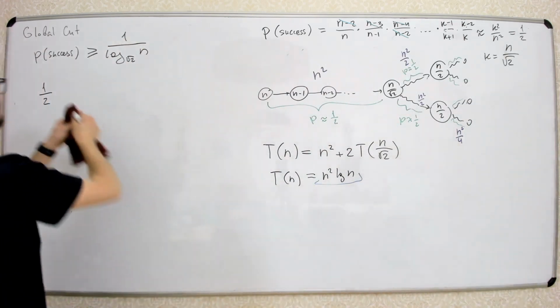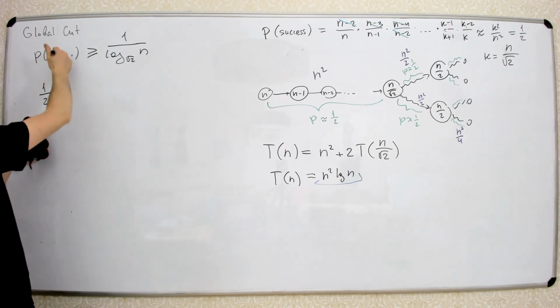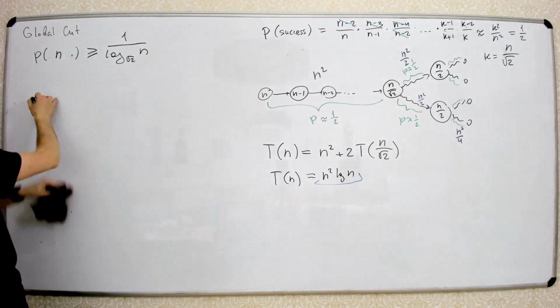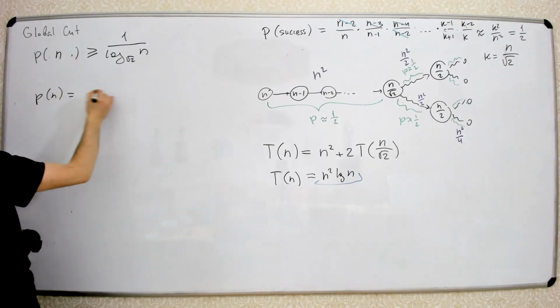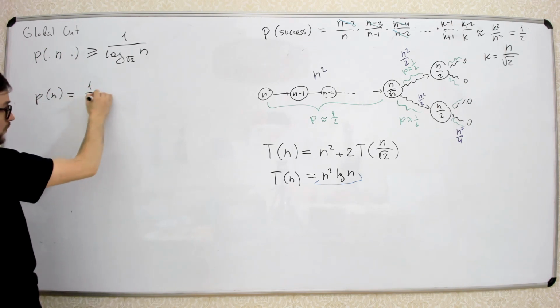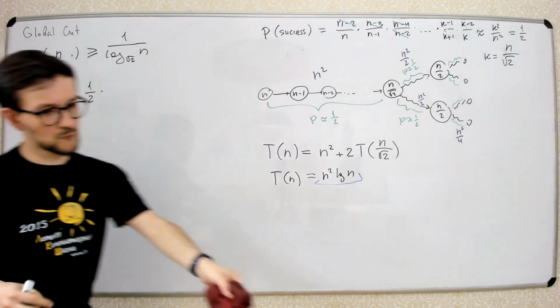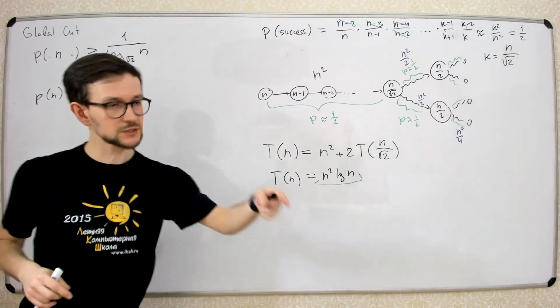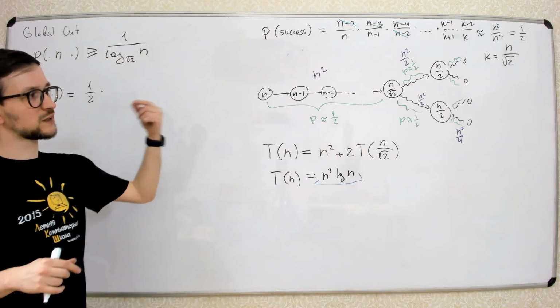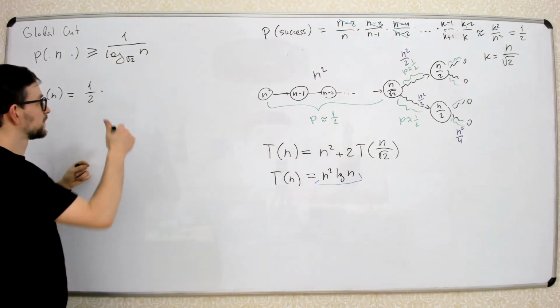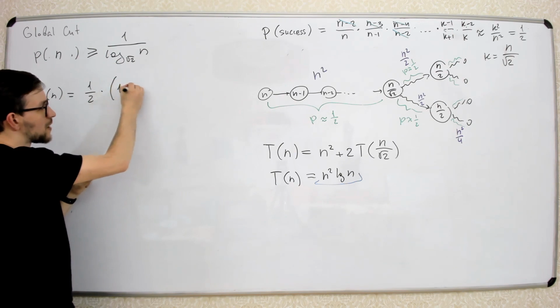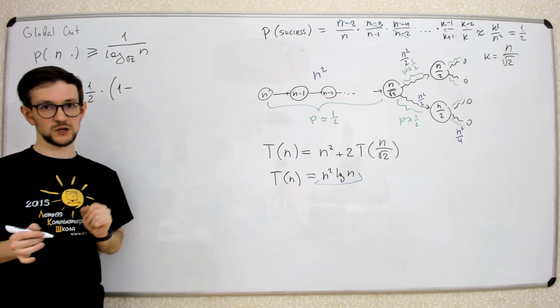Let's say P of n. P of n is 1 over 2 multiplied by the probability of having at least one success. So what's the probability of having at least one success? It's 1 minus the probability of having two failures.